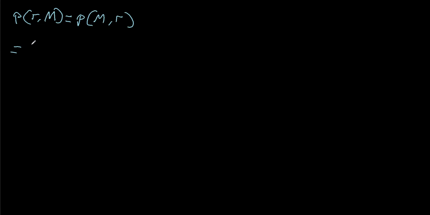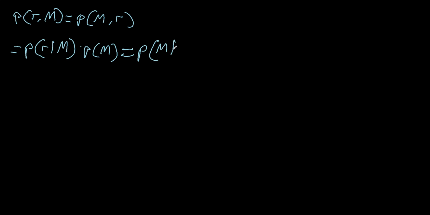Well, this equals the probability of rain given Monday times the probability of it being Monday, or equivalently, this joint probability is equal to the probability of Monday, given that it is raining, times the probability that it is raining.